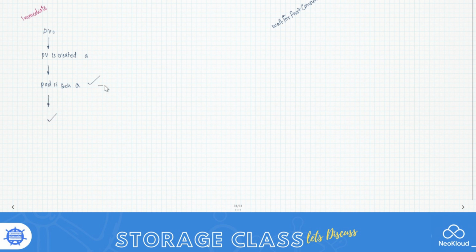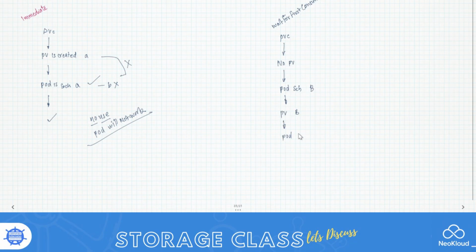But if the pod is scheduled in zone B, it's a mismatch and the pod will not work properly. With WaitForFirstConsumer, the PVC is created, no PV yet, the pod is scheduled in zone B, then the PV is created in zone B, and the pod can attach the volume correctly. So if multi-zone is there, you must use WaitForFirstConsumer, and for multi-zone clusters we should mostly use it.